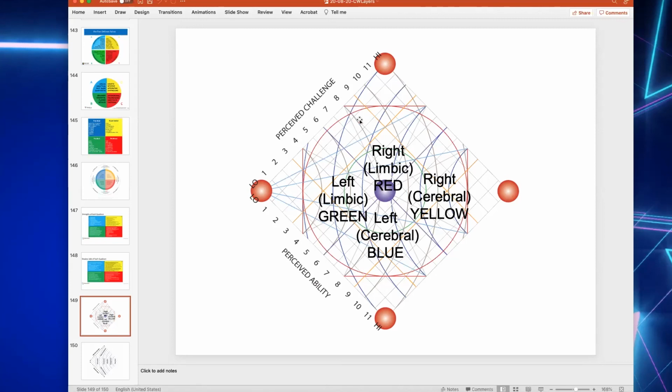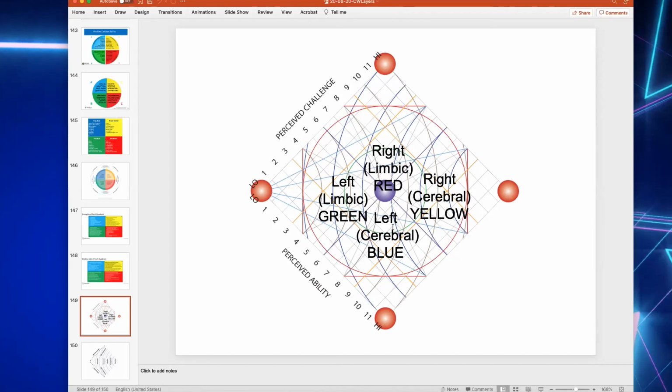Yeah. And that's why I'm saying, by definition, and I know I've done my Herrmann brain dominance, I am a left cerebral type. That's where my greatest concentration ended up plotting. Well, that just means that, left alone, I'm going to believe that the challenges I'm facing are not particularly high and my ability to handle them is pretty strong.